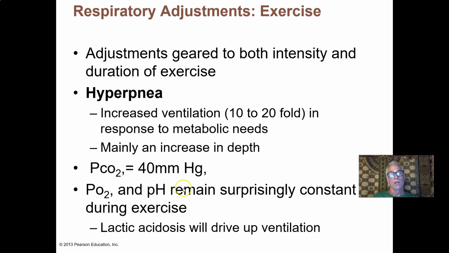The pH will indeed go down if we exercise very, very vigorously. If we have anaerobic respiration, some very high intensity, short bursts of exercise, we'll have lactic acidosis that will drive up ventilation. But if we're exercising at a modest rate for a long period of time, pH will remain constant.